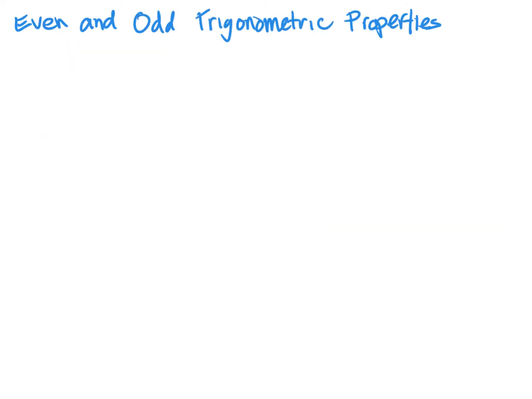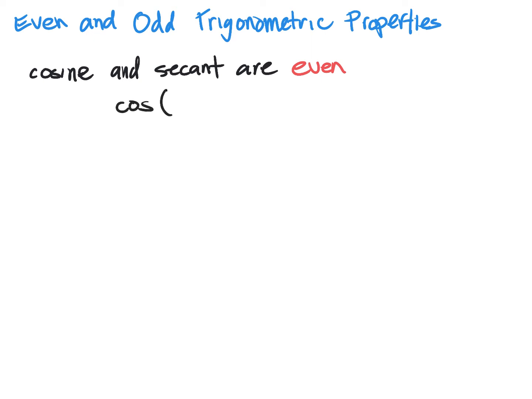Our last topic are even and odd trigonometric properties. Now we have that cosine and secant are even, in the sense, if you recall from some of your algebra classes, the definition of an even function is that if your input is negative, the function remains unchanged.